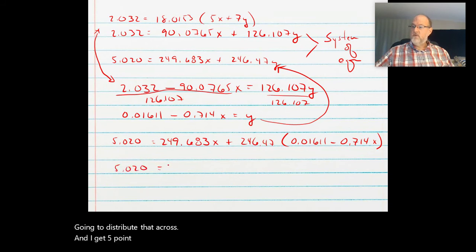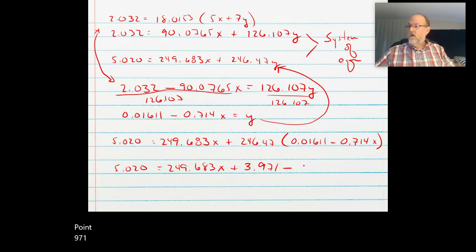5.020 equals 249.683x plus, so I got my numbers right, 3.971 minus 176x.